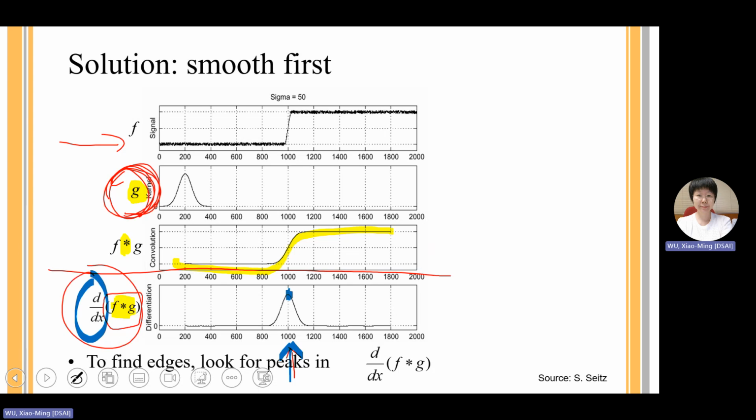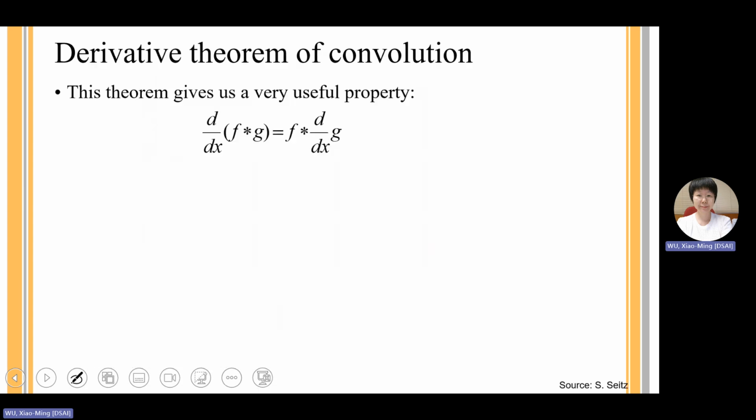If you look closer, this is our result: we smooth f with the Gaussian and take the derivative.